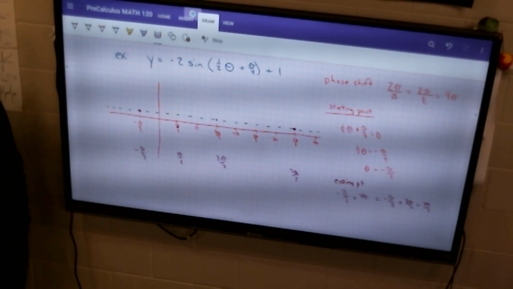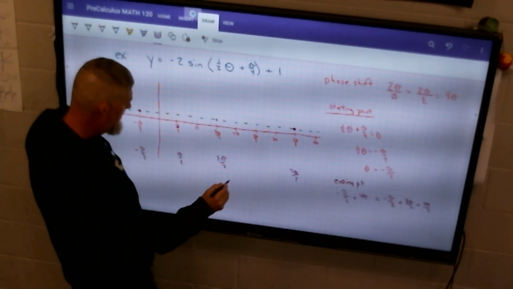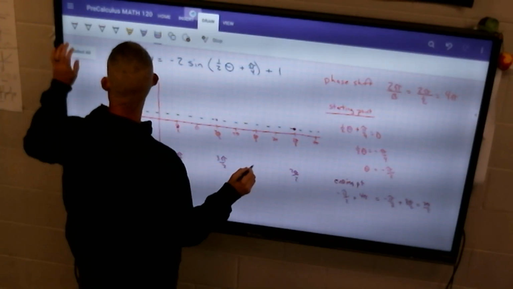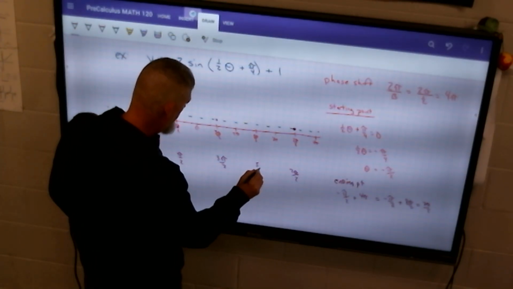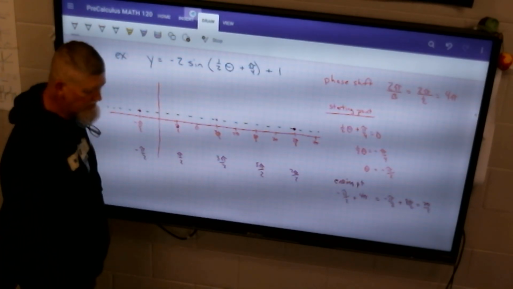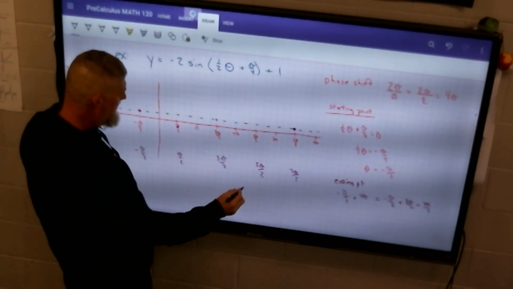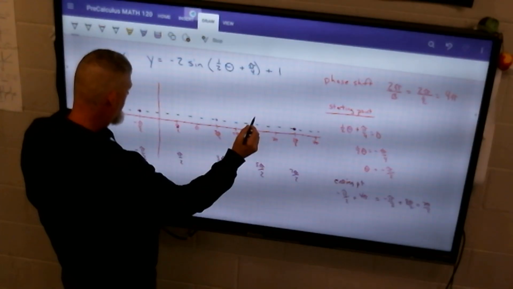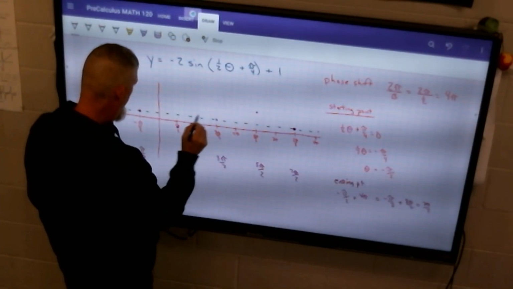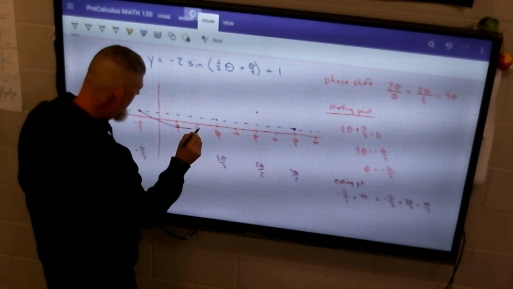All right, what's going to be halfway between 3 pi over 2 and 7 pi over 2? 5 pi over 2. Exactly the same way. 3 plus 7 is 10, divided by 2 is 5. And that's going to be up at 3.